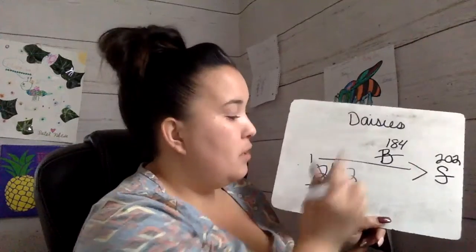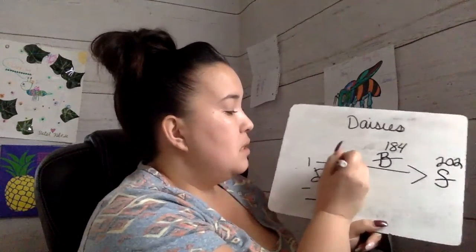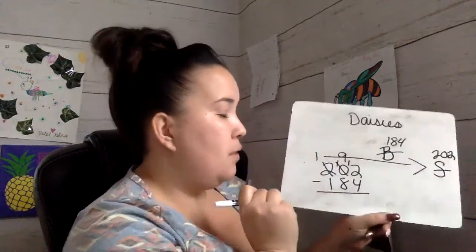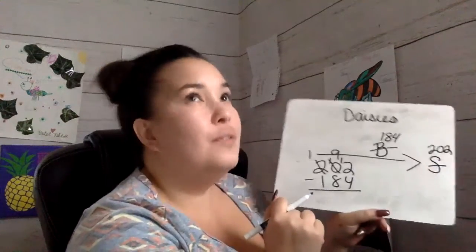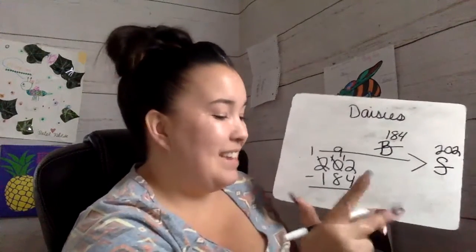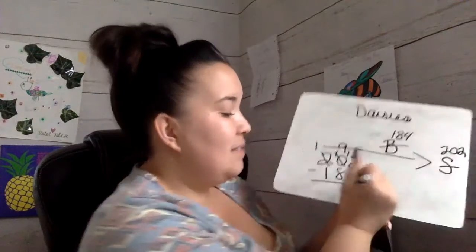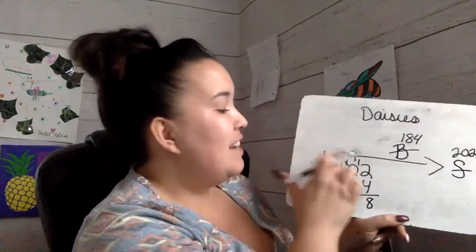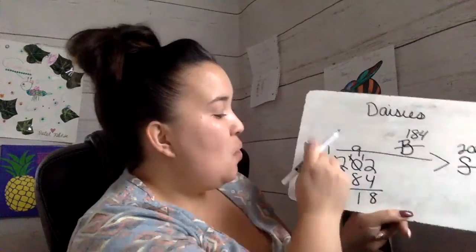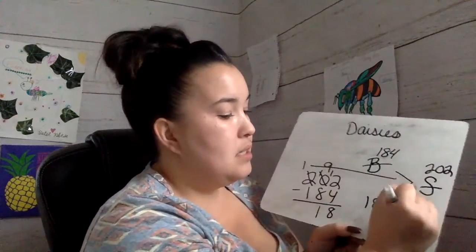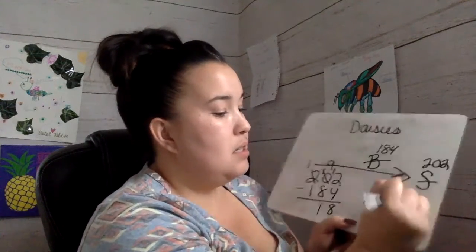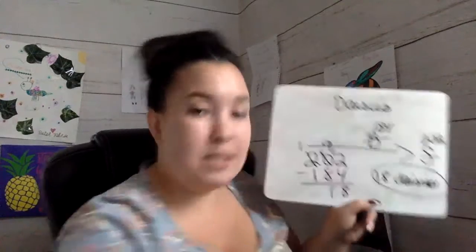Now I have to borrow for here. So this becomes 9, that becomes 12. So 12 minus 4, what is that? 7, 8, 9, 10, 11, 8. 9 minus 8 equals 1. 1 minus 1 equals 0. So the answer is 18 daisies. That's the difference.